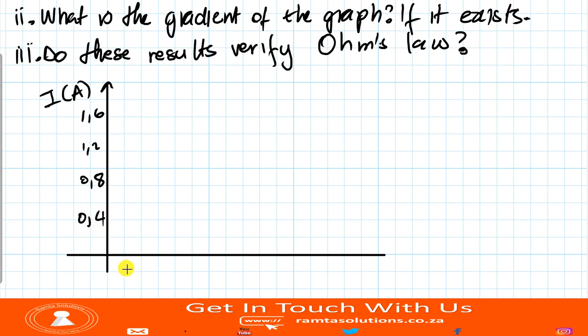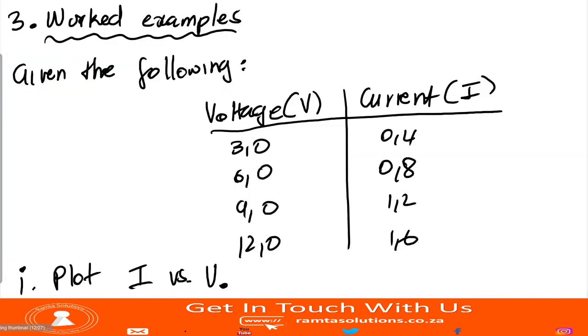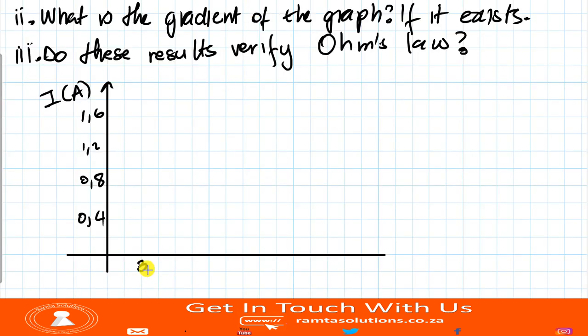Now, potential difference was what? It varies 3, 6, 9, 12.